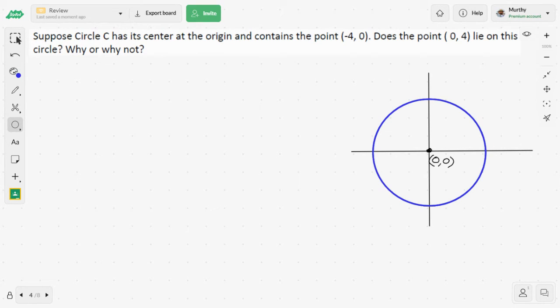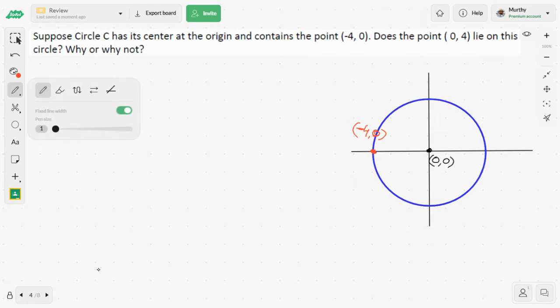Now, this circle contains a point, negative 4 comma 0. So I am marking this one as negative 4 comma 0. So this circle contains this point.